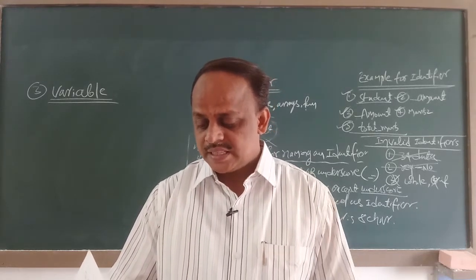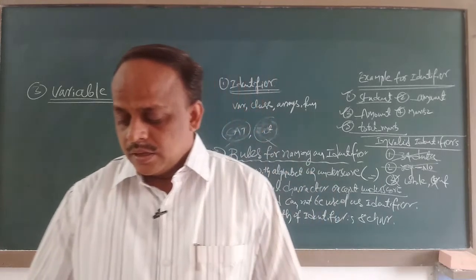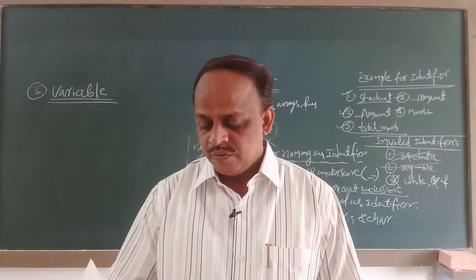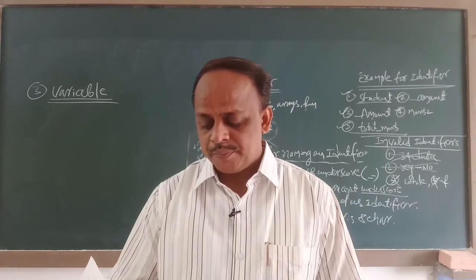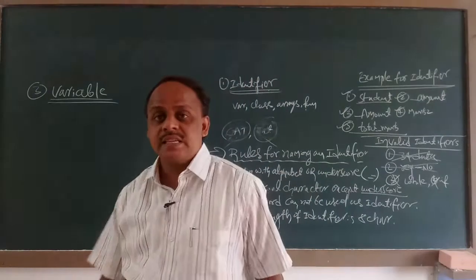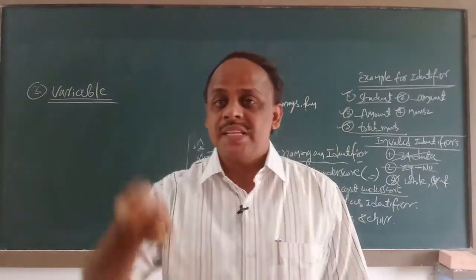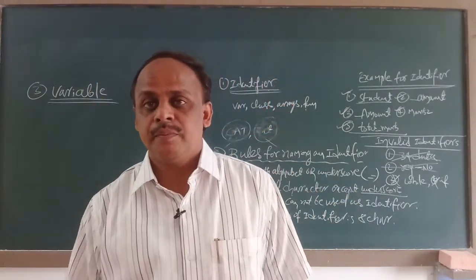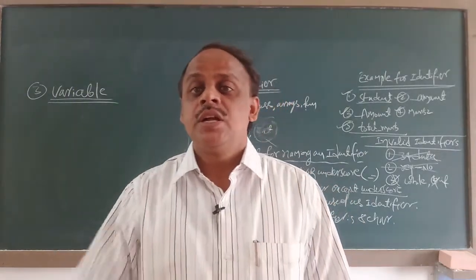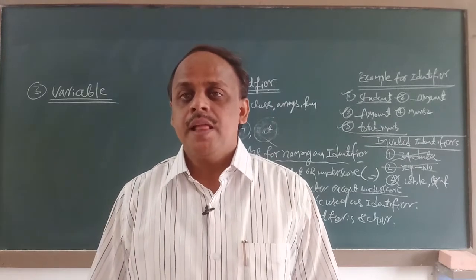Each variable is represented by the name of a memory location in which any value can be stored. A variable is a programming element, one of the tokens of C++, whose value may change during execution of the program.